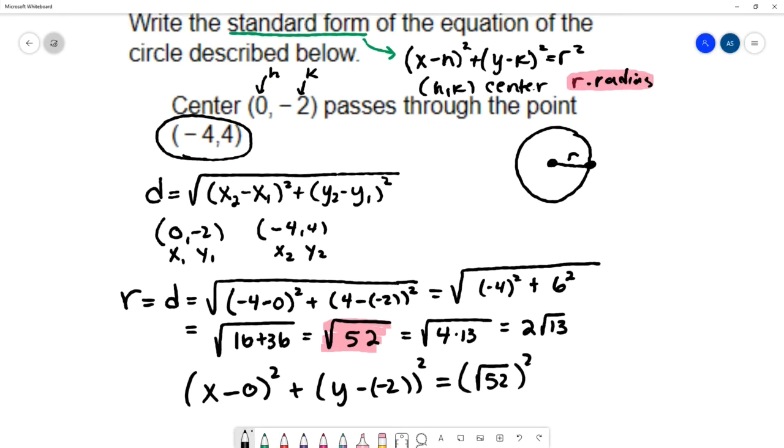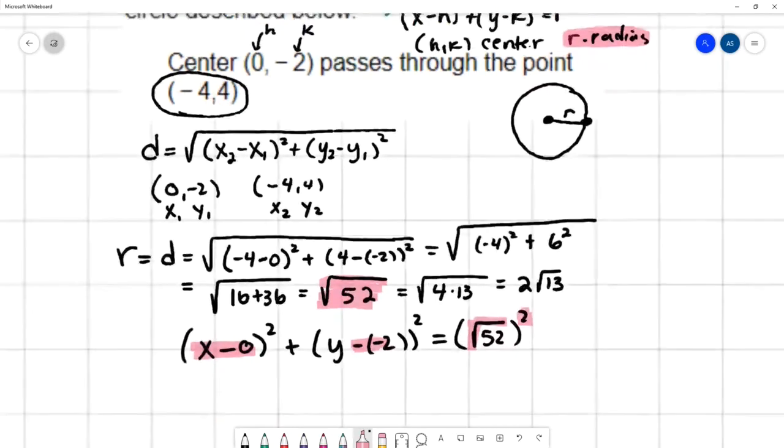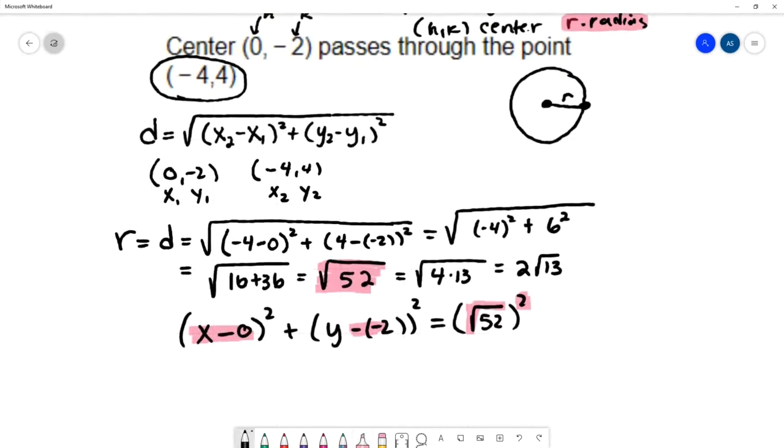And then we're going to simplify. I'm going to simplify x minus 0 to be x. I'm going to simplify two negatives multiply to be a positive, and the square root and the square canceling each other out. So that will give x² + (y + 2)² = 52.